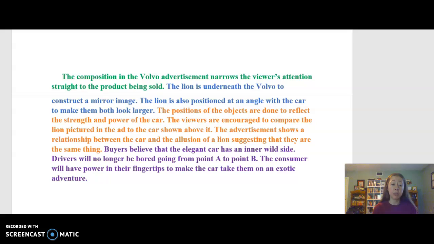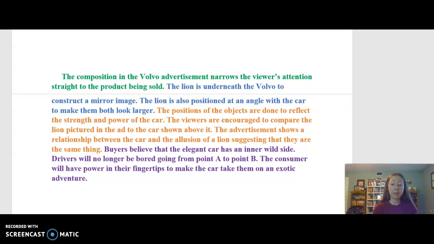The advertisement shows a relationship between the car and the illusion of a lion, suggesting that they are the same thing. Buyers believe that the elegant car has an inner wild side. Drivers are no longer bored going from point A to point B. The consumer will have the power in their fingertips to make the car take them on an exotic adventure.